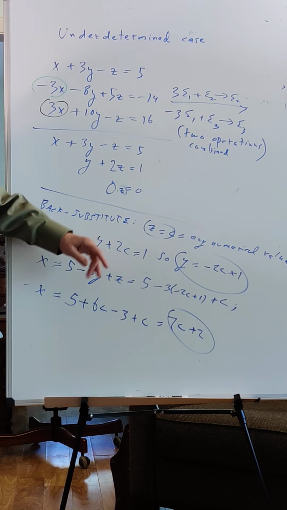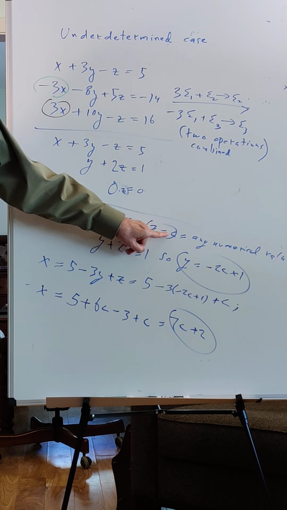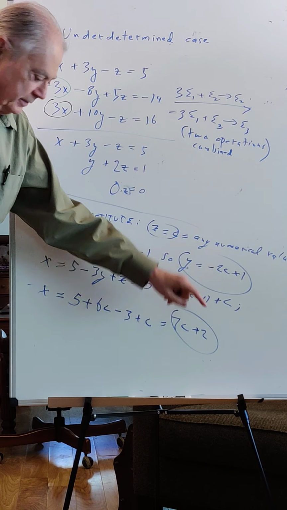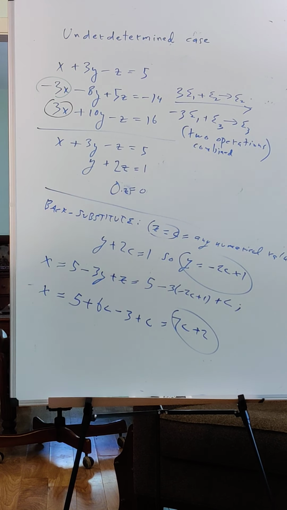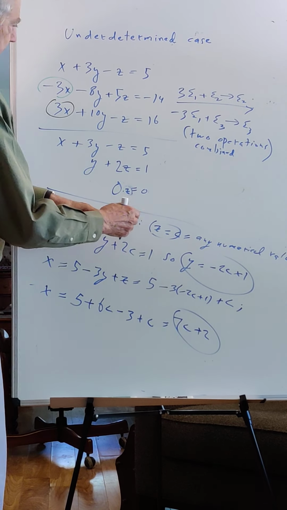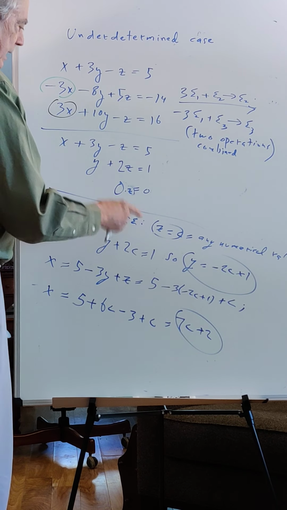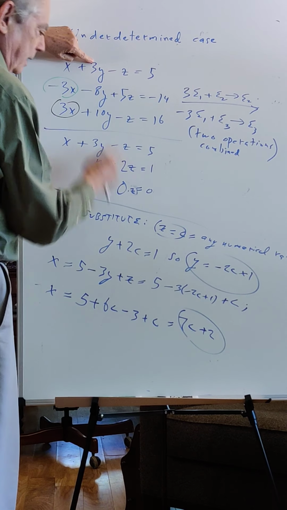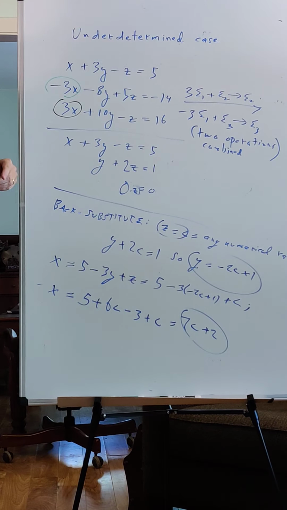Okay, so we have our general solution now. We can assign z any value we like, and the value we choose will determine the value of y and then x. Now you can check this answer. You can go back to the original equations and replace x by this expression, y by this expression, and z by the letter c.